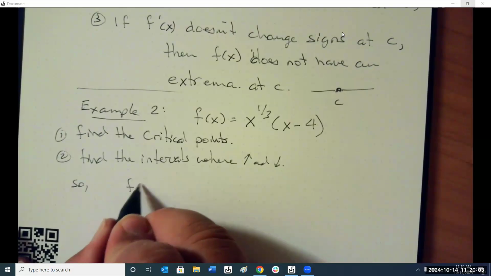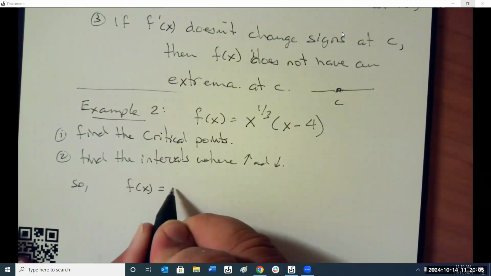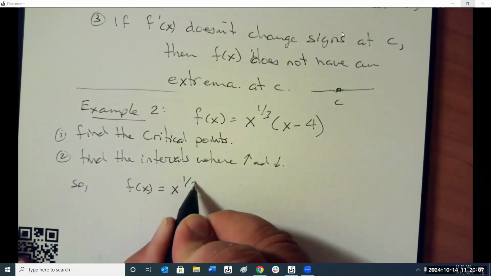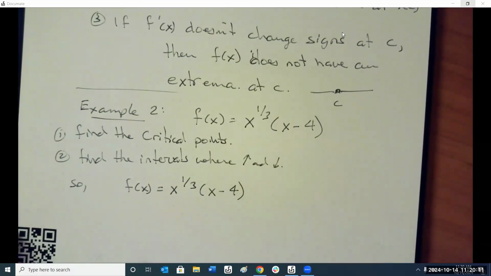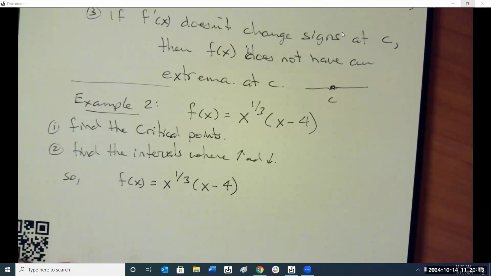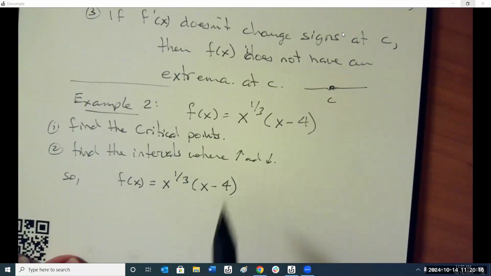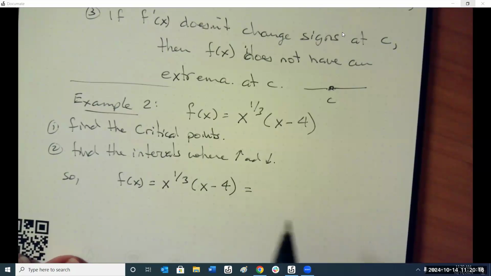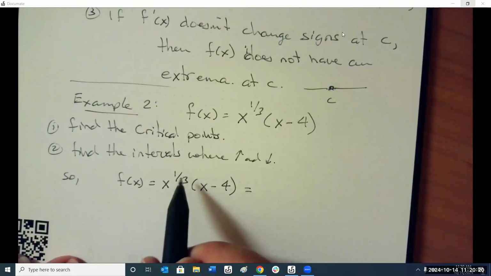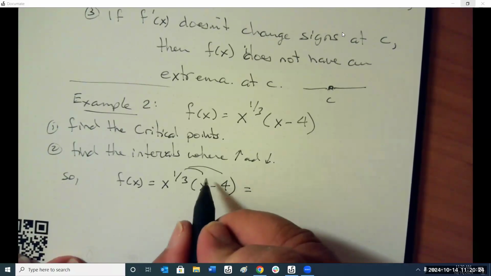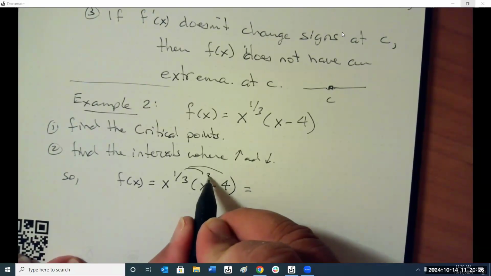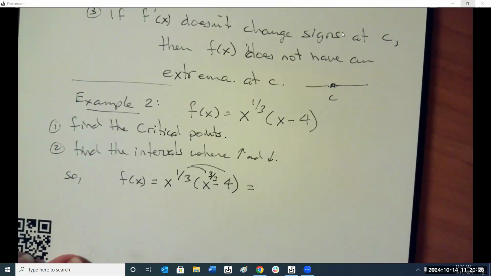So the first thing we got to do, we're going to take a derivative. So distribute. This is the same as 3/3 because 1.